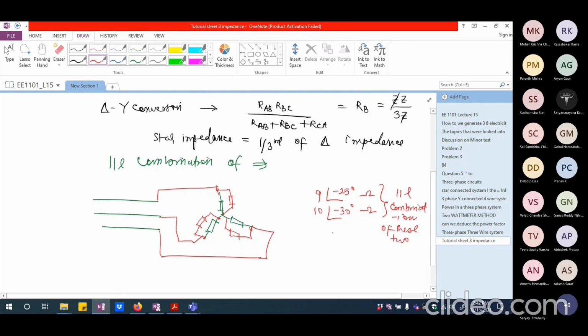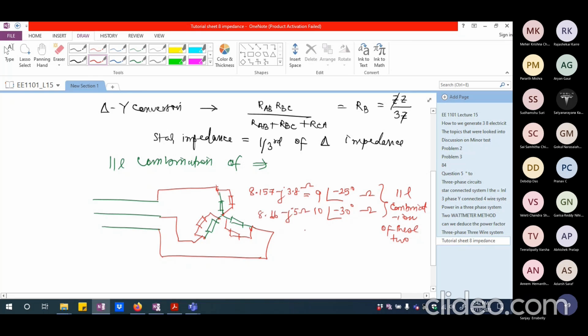Okay, so 9 angle minus 25 happens to be 8.157 minus j3.8 ohms. And 10 angle minus 30 happens to be 8.66 minus j5 ohm.